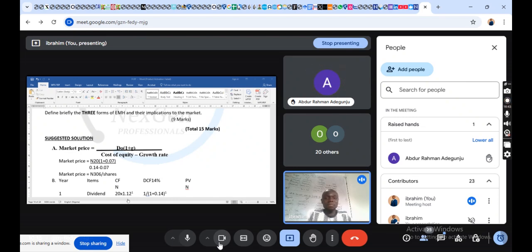If you want to get market value, multiply it by the number of shares. You are not even given the number of shares, sir, so you don't even need to stress yourself. Market price means per share. If you want the value, multiply it by the number of shares. But they say share price, so they didn't tell us value. If they had told us value, you would have been given the number of shares.